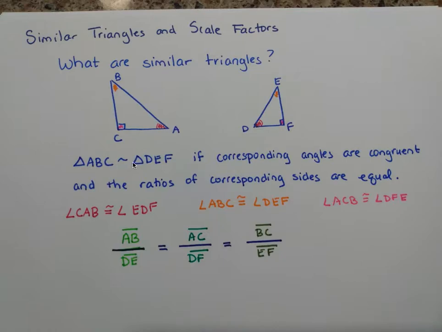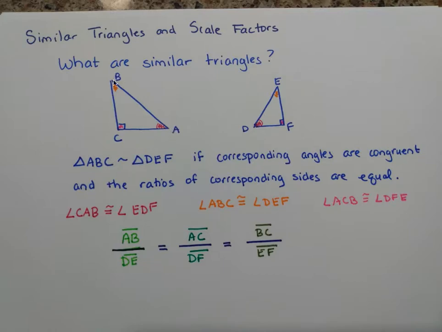Triangle ABC is similar to triangle DEF if the corresponding angles are congruent and the ratios of the corresponding sides are equal. So that means that if I look at this angle, CAB, or angle A for short, and I compare it to the corresponding angle of the other triangle, EDF, or angle D for short, those two should be congruent if these are similar triangles.